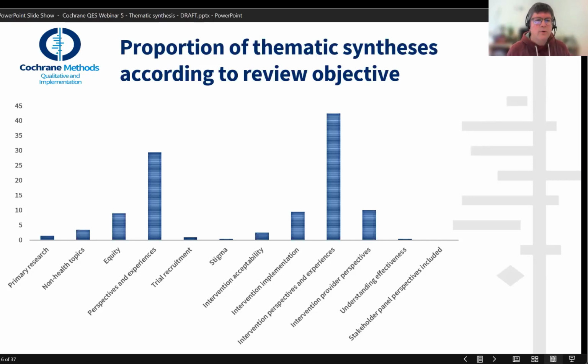So broadly, you can see the types of questions, the types of objectives that reviews have used thematic synthesis to address, broadly around intervention, people's experiences of receiving interventions, and people's experiences more generally around particular health conditions. And there's a fair number on equity, which crosses over between international development often and health.